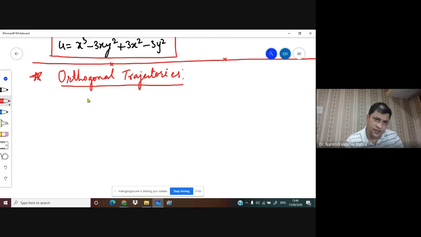Okay, so this is the concept that is related to analytic functions. Now the question is how this concept of orthogonal trajectories is related to the analytic function.